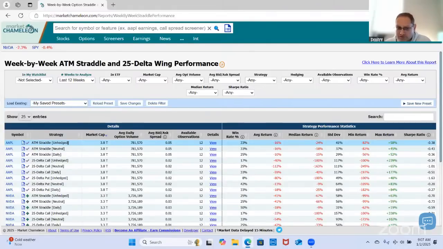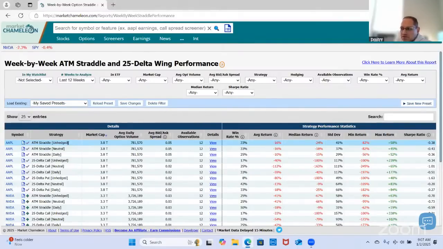Since we're referencing actual options, the stock could be, let's say, 101 or 102, and the closest strike is 100. That would mean the call would be more in the money, the put more out of the money, so it has a long delta, or vice versa if it's below the strike. You can't always find a strike that exactly matches the stock price at any given moment.